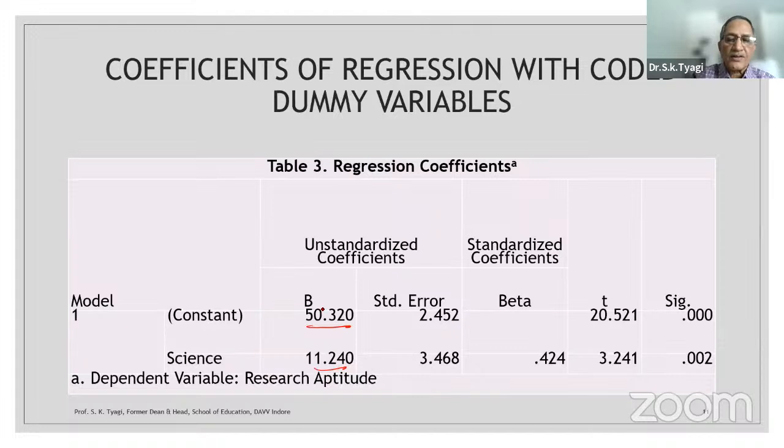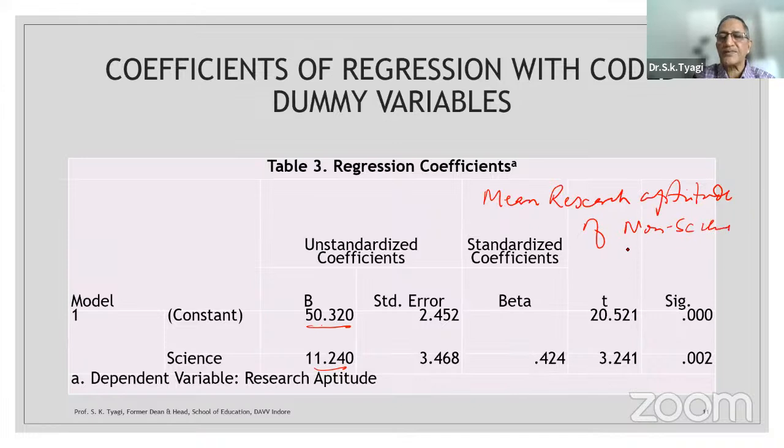Actually, this 50.320 is nothing but the mean of the reference category, the mean research aptitude of the non-science faculty. And what is this 11.24?